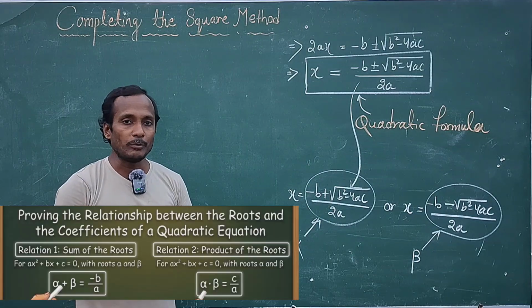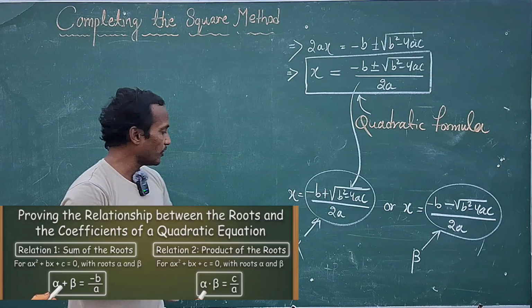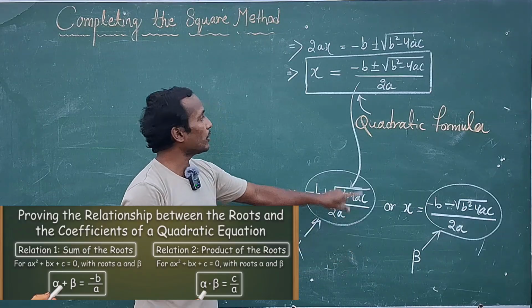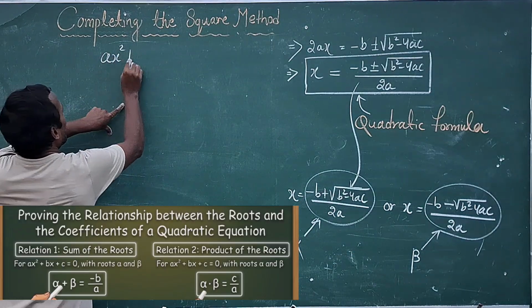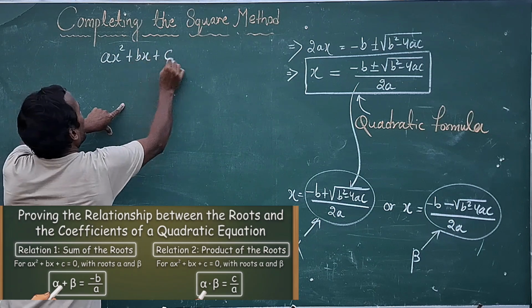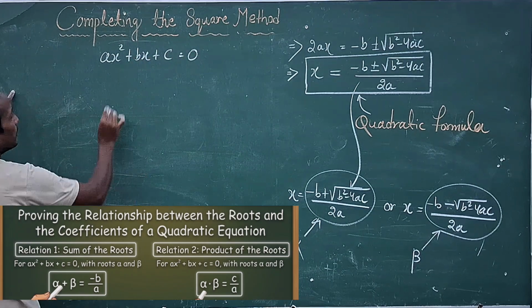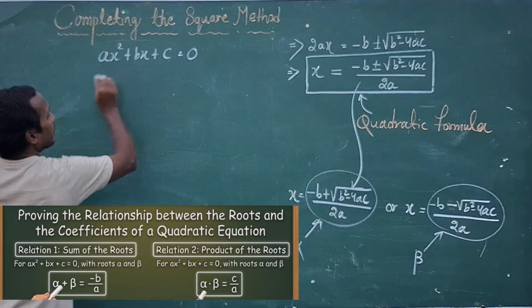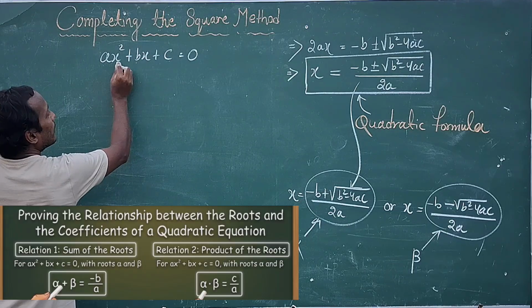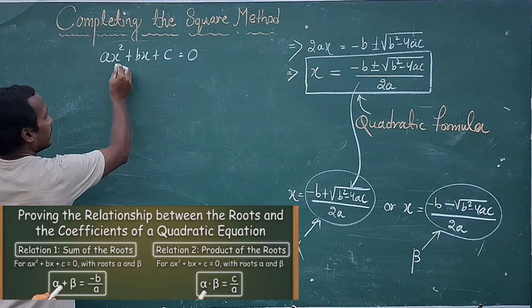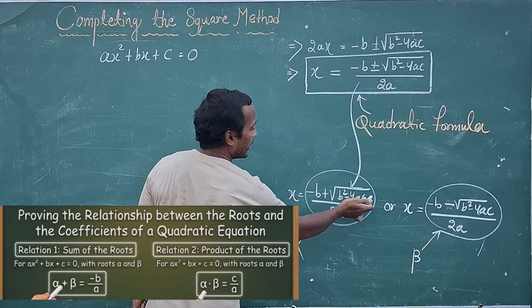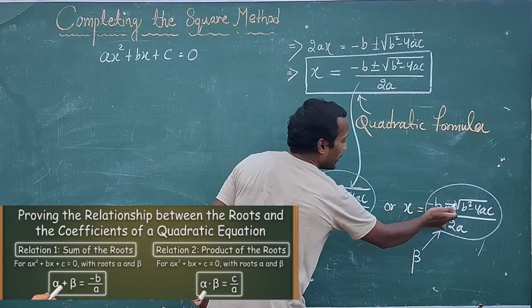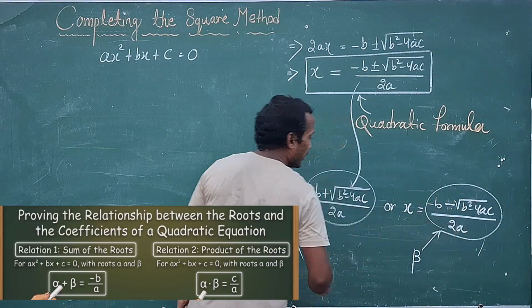In chapter 2, polynomials, you have already studied the relationship between the roots and the coefficients of a quadratic equation. Let me write again. The quadratic equation is ax square plus bx plus c equals 0. Here a, b, c are coefficients, and the roots are x equal to minus b plus root of b square minus 4ac by 2a and minus b minus root of b square minus 4ac by 2a.